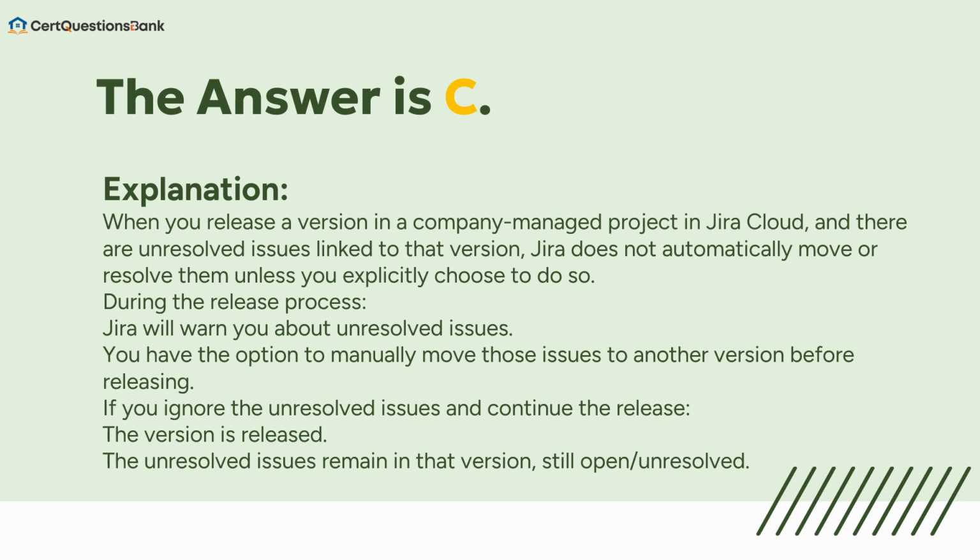You have the option to manually move those issues to another version before releasing. If you ignore the unresolved issues and continue the release, the version is released. The unresolved issues remain in that version, still open, unresolved.